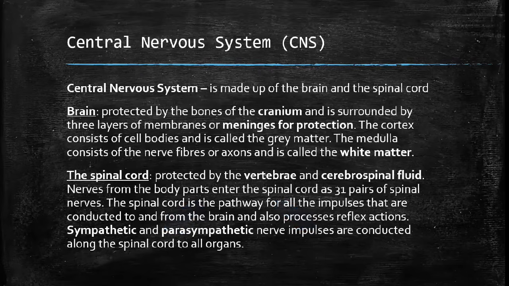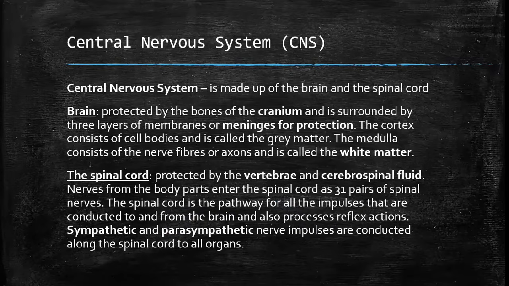Now, we are going to start by looking at the central nervous system. Now, the central nervous system is made up of the brain and the spinal cord only. Remember, the central nervous system is made up of the brain and the spinal cord. Now, the brain is a particular structure which is protected by the bones of the cranium.